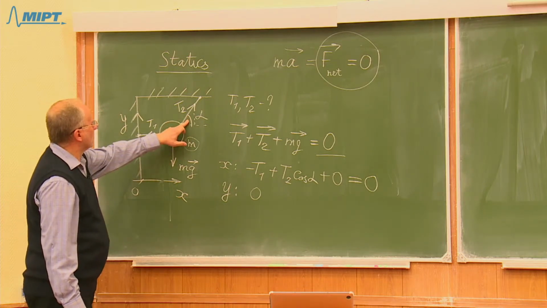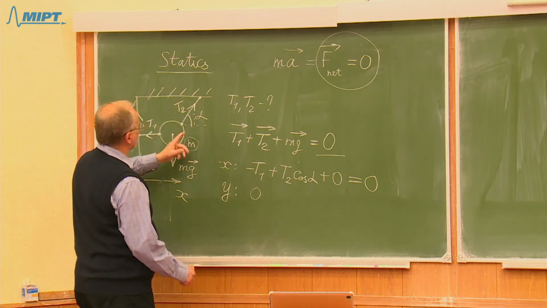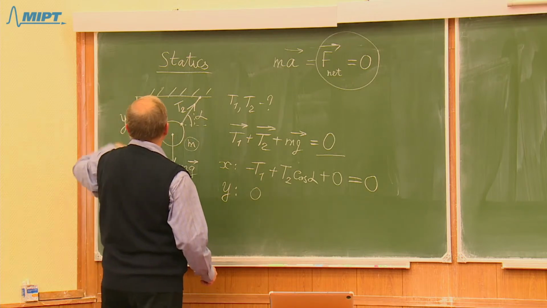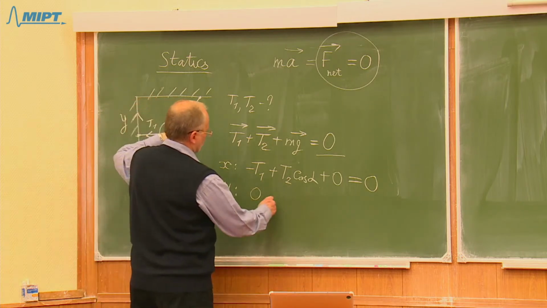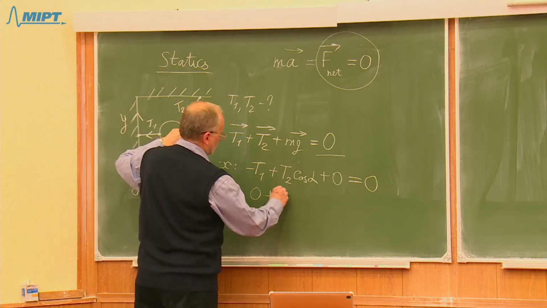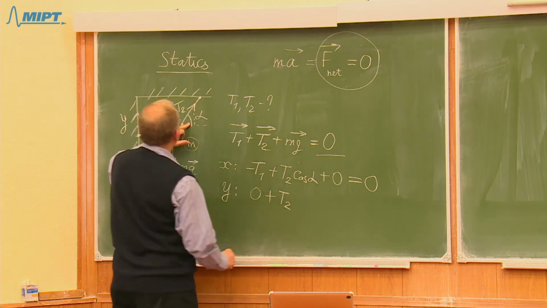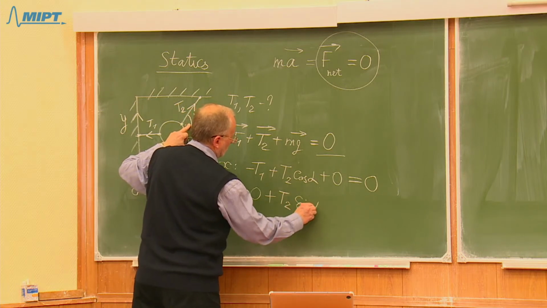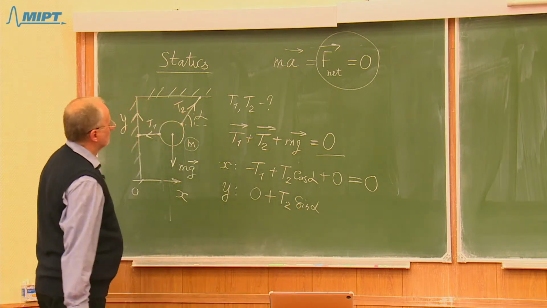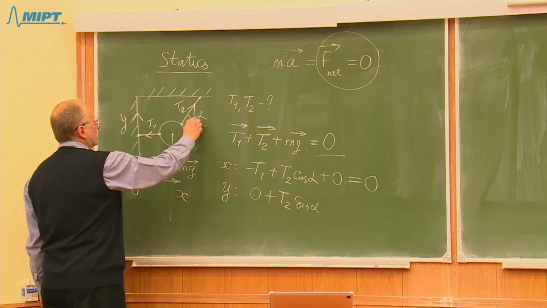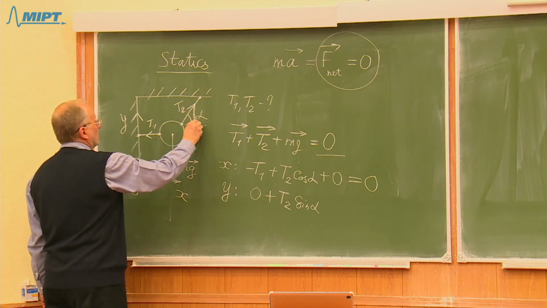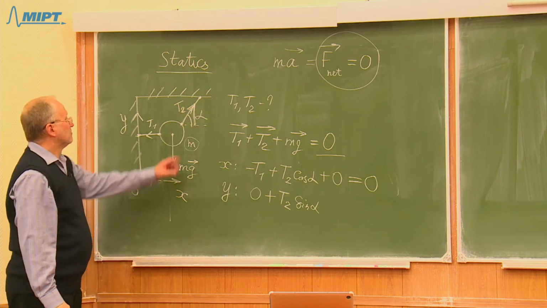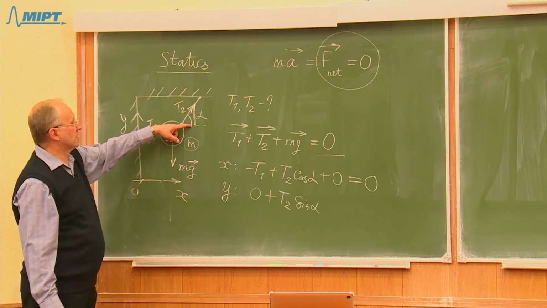Vector T2 will have vertical projection, which is positive because it will look upward in the positive direction of y-axis, and it will be equal to T2 sine alpha. The vertical part of this vector will be T2 sine alpha.